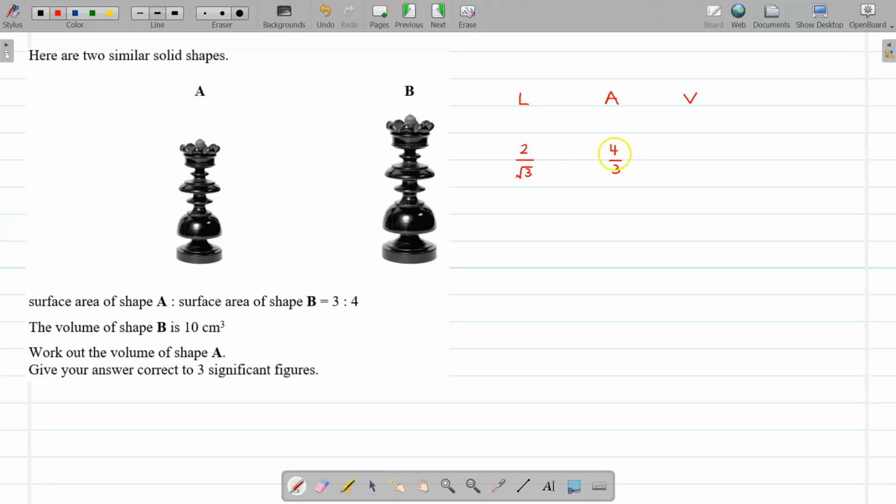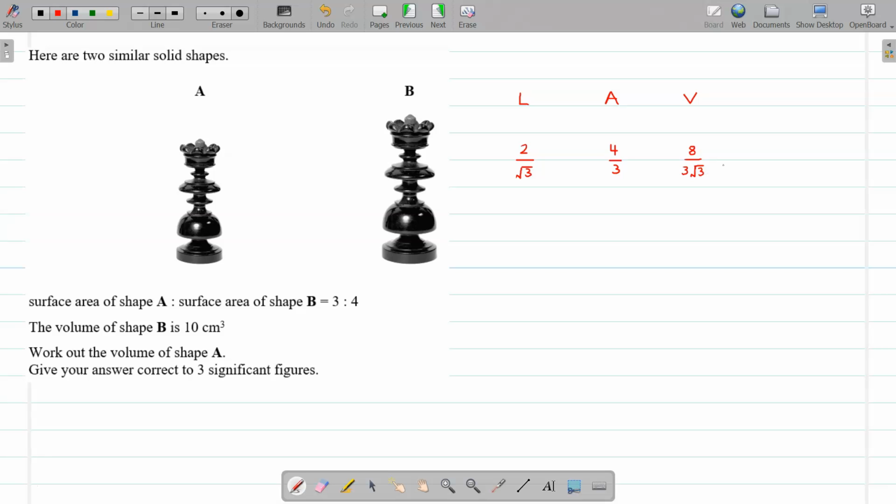And the volume scale factor is the cube of the length scale factor. Well, 2 cubed is 8. √3 cubed is √3 times √3 times √3, which is actually 3√3. So it's not as straightforward as it might have first seemed.